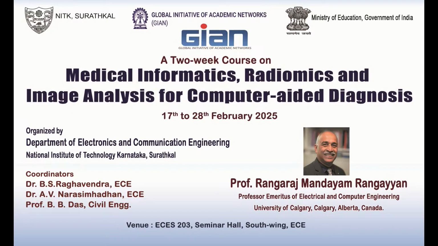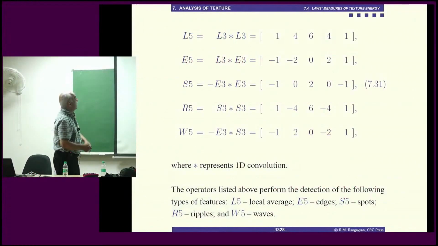So when you convolve the image with these, you are detecting such patterns. And the image will have positive and negative values for these operators. You square, and then you take the energy of that. So these are the operators of length 5. So this is convolution of one with another.